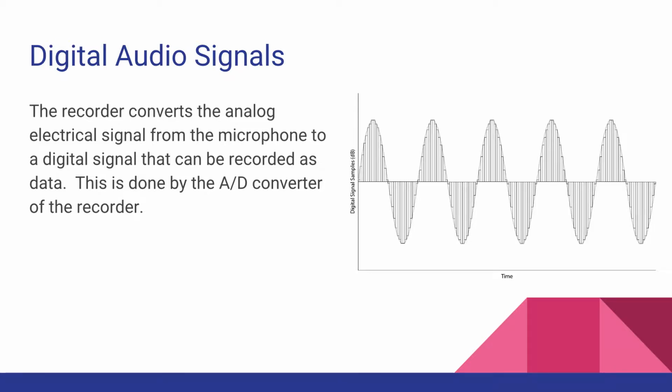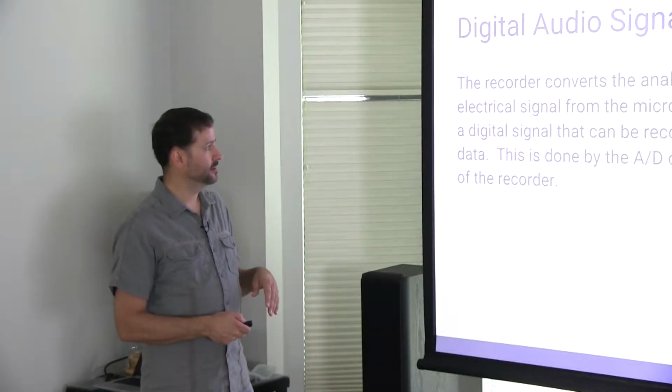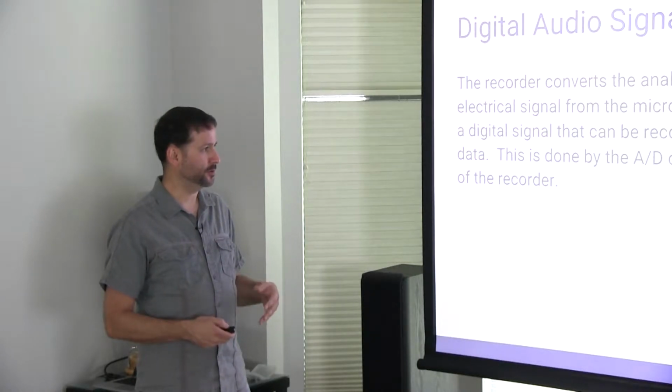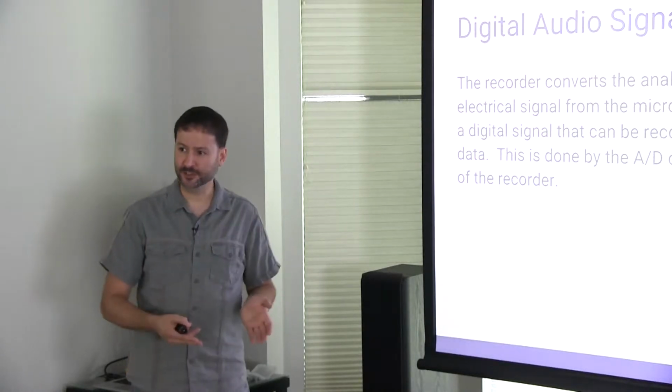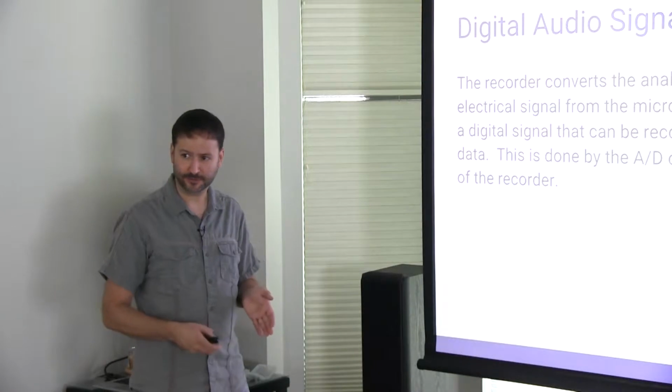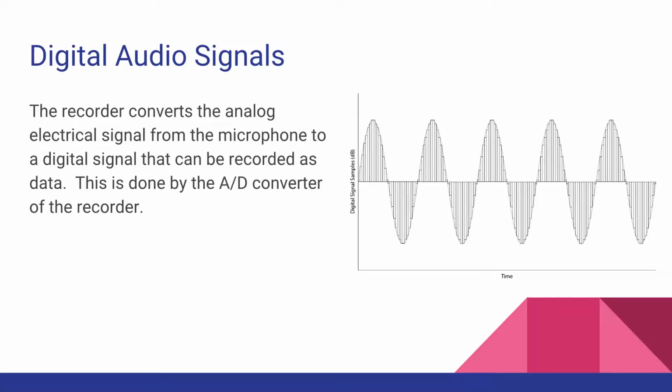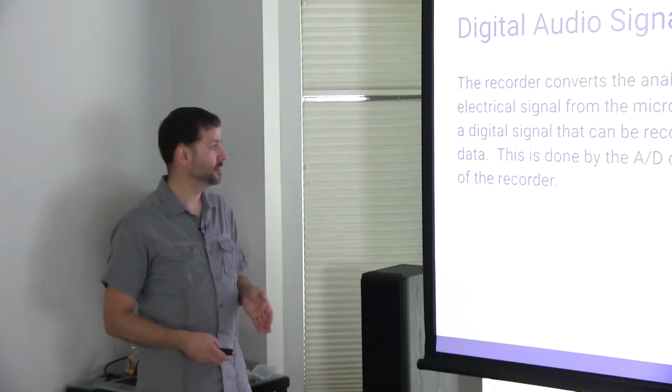In a digital signal, instead of having varying electrical voltage, you have numbers. So the analog to digital converter of your recorder is looking at the voltage that's coming from the microphone, and it assigns it a number. And then it stores that number. That number is what actually gets recorded.